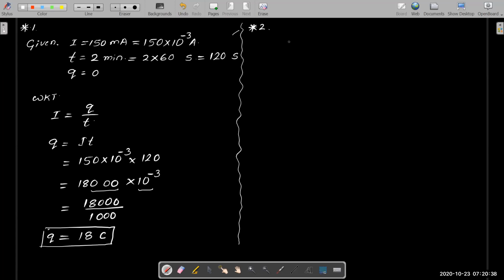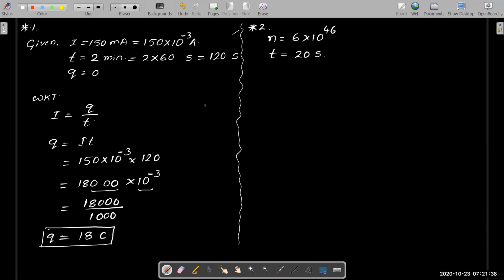A total of 6 into 10 raised to 46 electrons flows through a current carrying conductor when connected through an external power supply for 20 seconds.